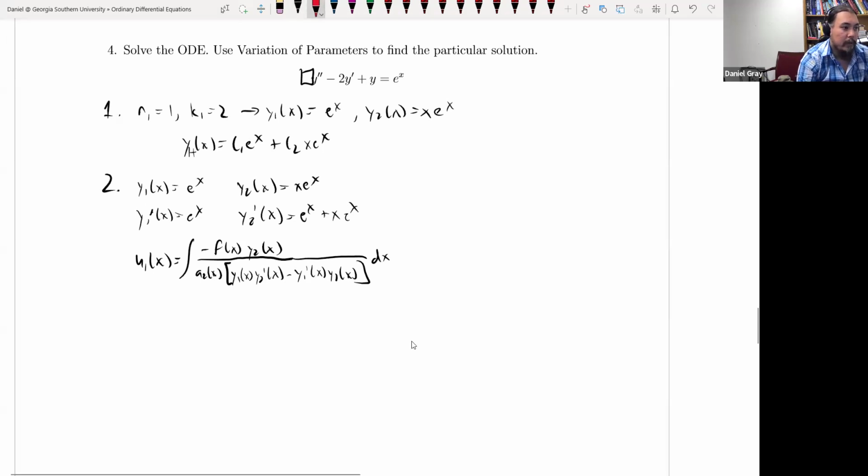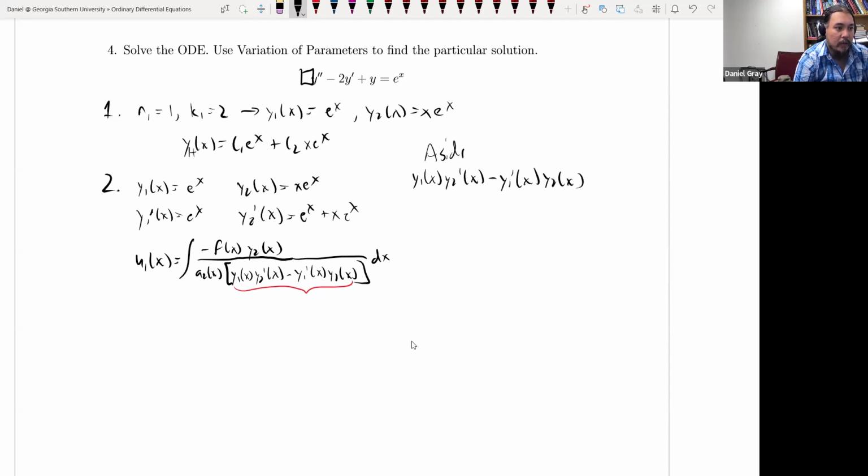So I'm going to take this denominator over here, and I'm going to simplify that first, okay? So if I take y1 of x times y2 prime of x minus y1 prime of x times y2 of x, just as a little aside over here, that's going to be equal to, well, y1 times y2 prime, I'll just go ahead and distribute it here.